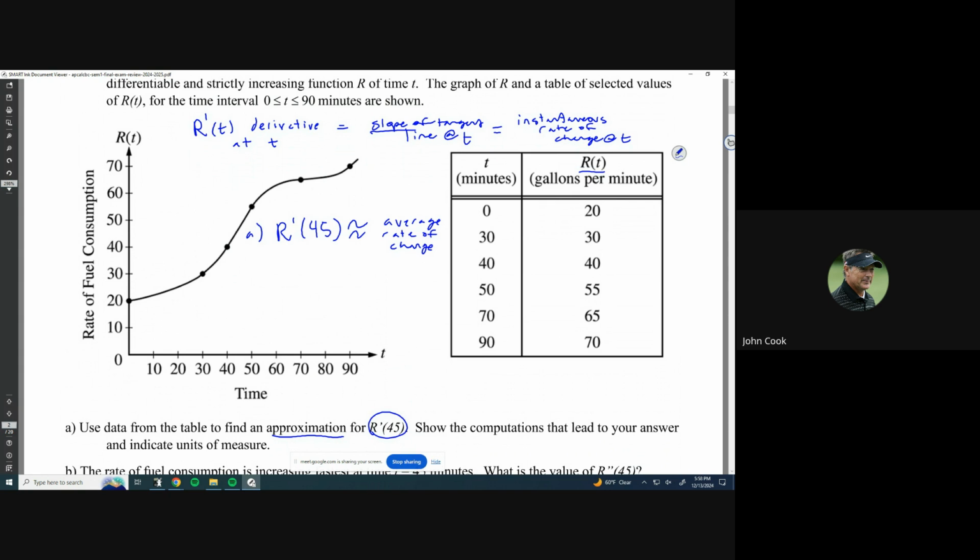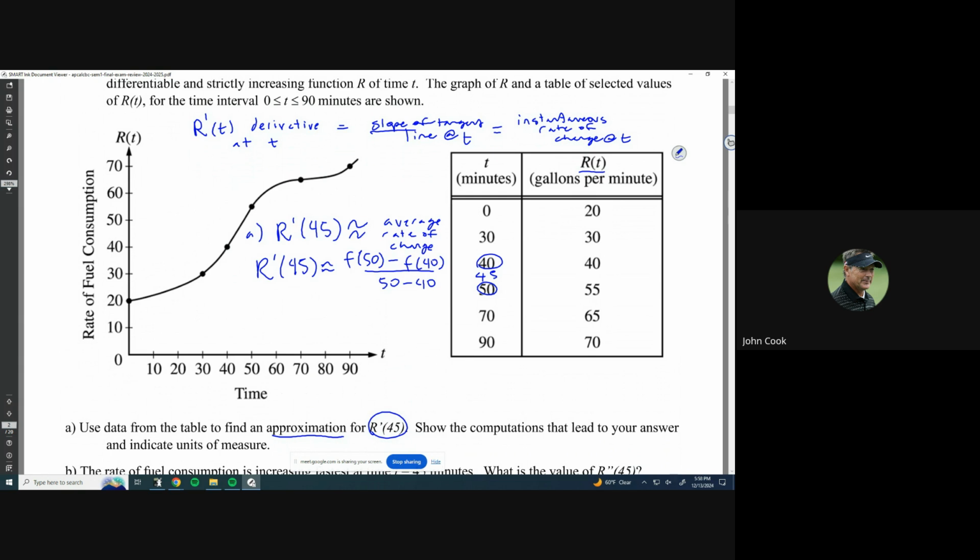And the interval that we're going to use is where 45 is around, so 40 and 50 would be the numbers that we're going to use. We're going to say that R prime of 45 is about equal to, it's approximate, R of 50 minus R of 40 all over 50 minus 40. I'm just using the average rate of change formula. That's the slope formula, if you will.